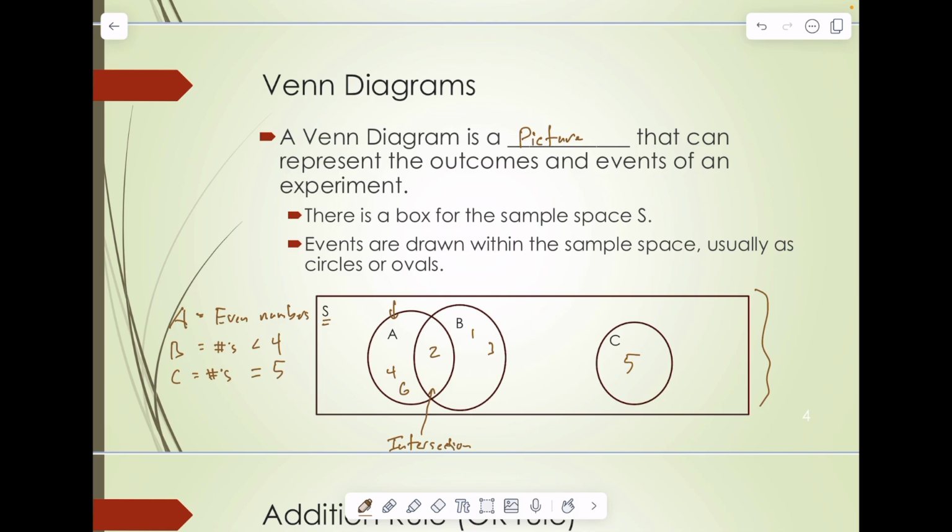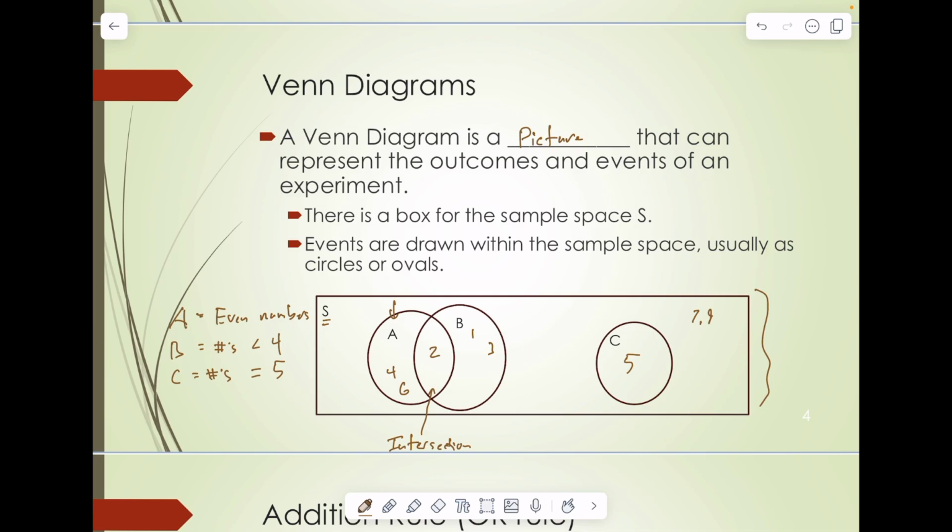And then there is nothing in the sample space that is outside of these three events. But in general, you could have numbers that are outside of this event. Like if we were using a 10-sided die or something, a 7 and a 9 would be outside of the event A and the event B.